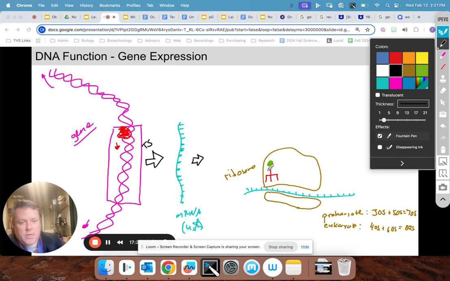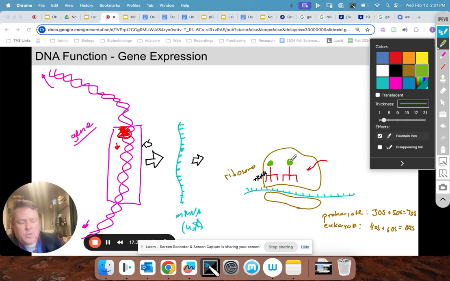And so the tRNA right here has an attached amino acid on it. And so once it has read that one, another one is going to fit in. So we'll put the other one right here, right?